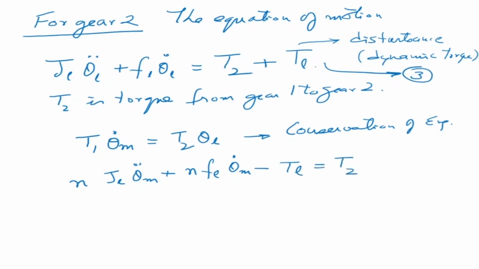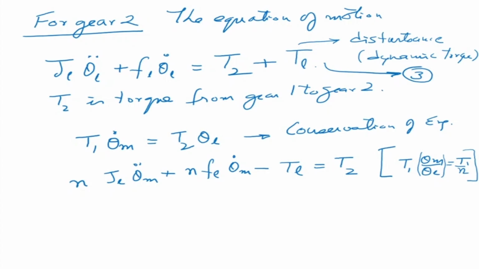Okay, so we are using the relationship that T1 times theta m by theta L is equal, so this becomes equal to T1 by n. So in equation 3 we have used the relationship T1 by n and replaced it.